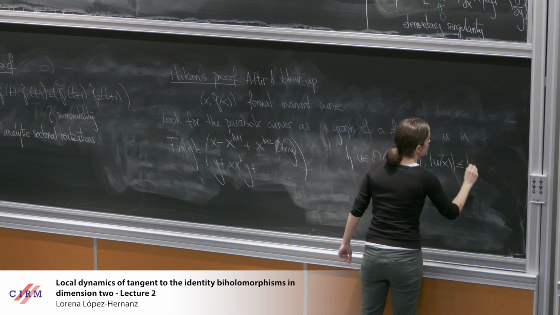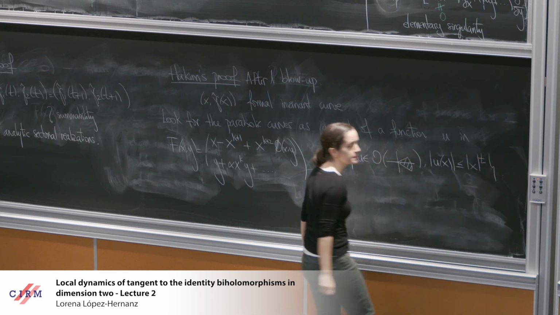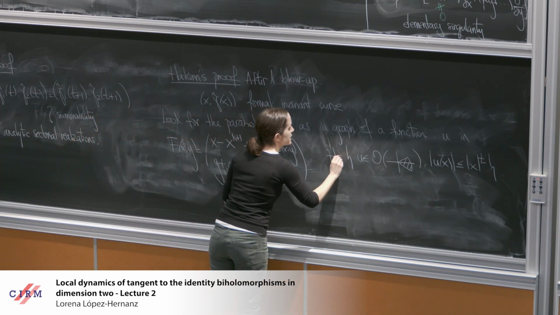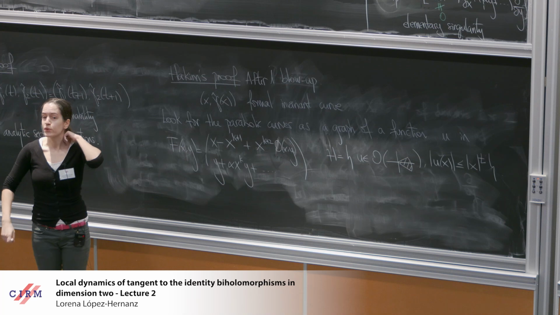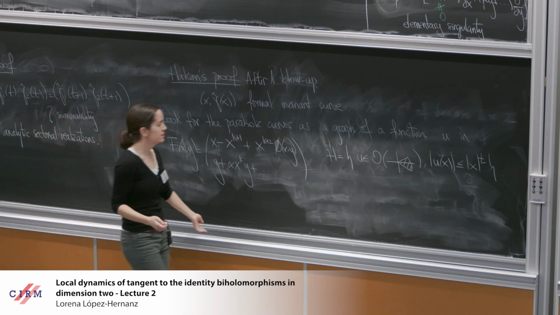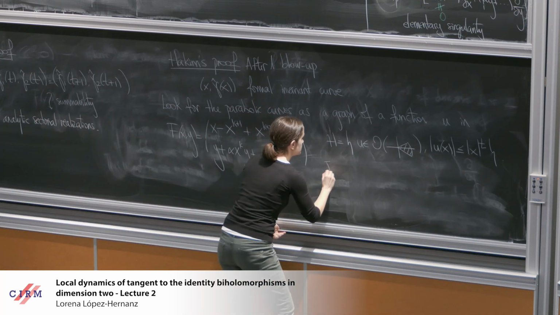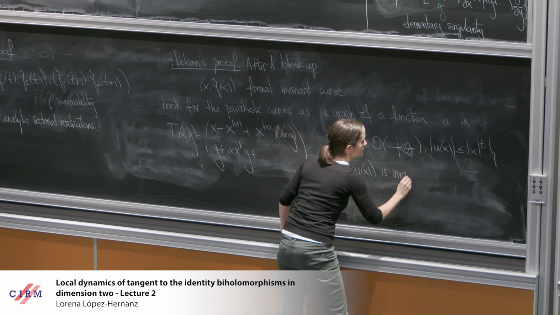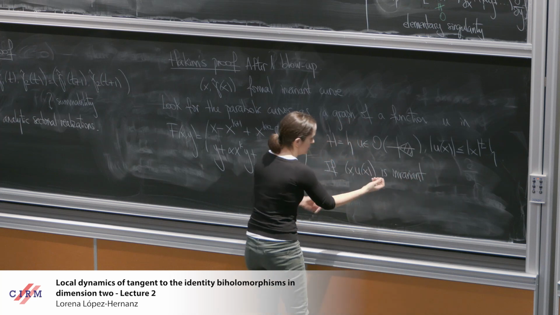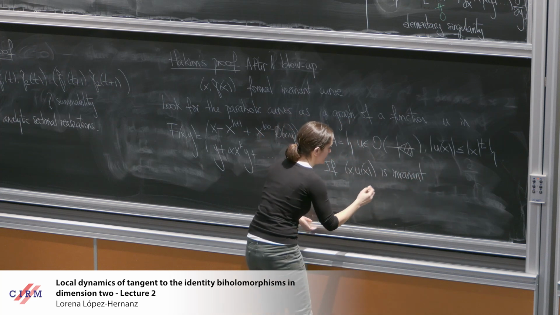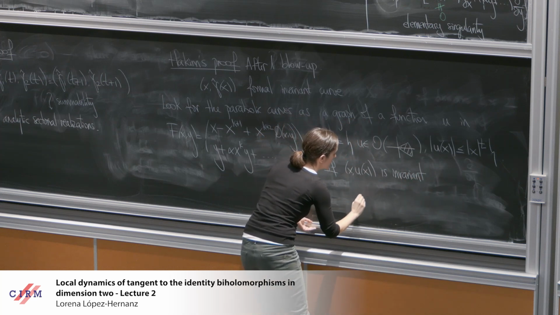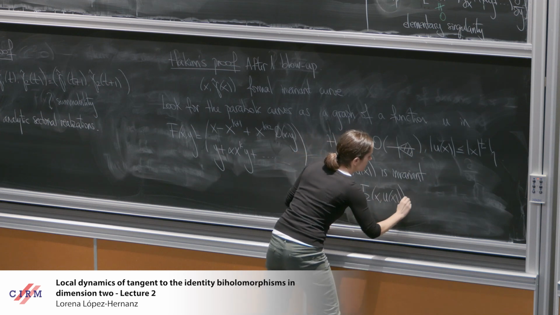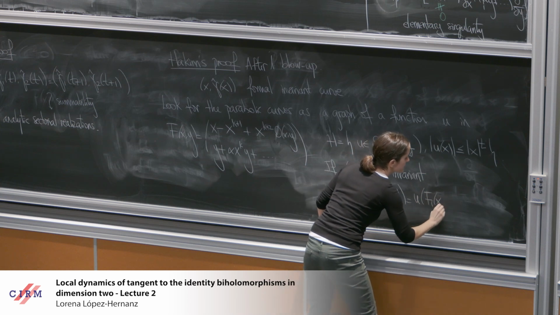So we look for a function in this space H. If we can guarantee that the graph of x, u of x is invariant, which means writing the invariance equation, this means that f2 of x, u of x equals u of f1 of x, u of x.